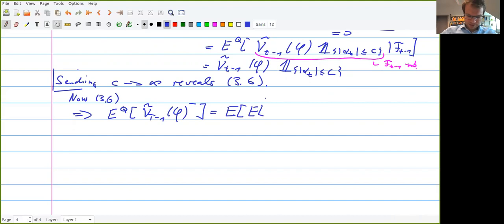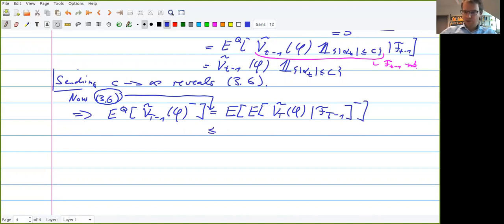So this is the tower property, which you have seen several times already. For this, I can use my claim, right? And now this minus here is a convex function, so I can use Jensen's inequality.